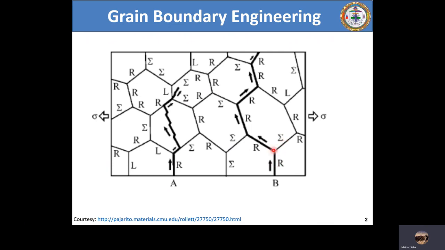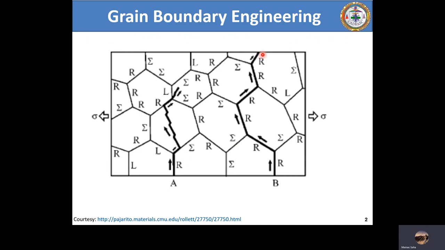The crack tends to propagate along R, and then along another R because of the next triple junction between R, R and sigma, and again through R. Then it reaches a triple junction of three random angle boundaries and propagates through that, and reaches another triple junction between R and another sigma. Now it propagates through another random angle boundary, because sigma definitely has a much lower energy compared to a random angle boundary.